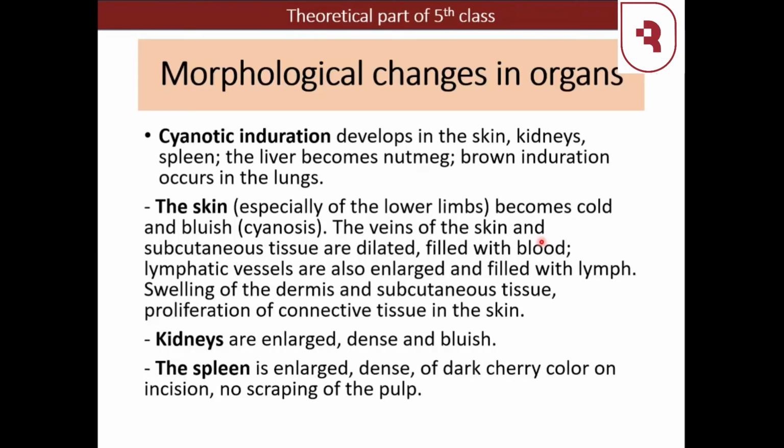The veins of the skin and subcutaneous tissue are dilated and filled with blood. Lymphatic vessels are also enlarged and filled with lymph. Swelling of the dermis and subcutaneous tissue is also possible. We may also see proliferation of connective tissue in the skin. Kidneys are enlarged, dense, and bluish or cyanotic again, and in the spleen we will see a dark cherry color on excision and no scraping of the pulp.